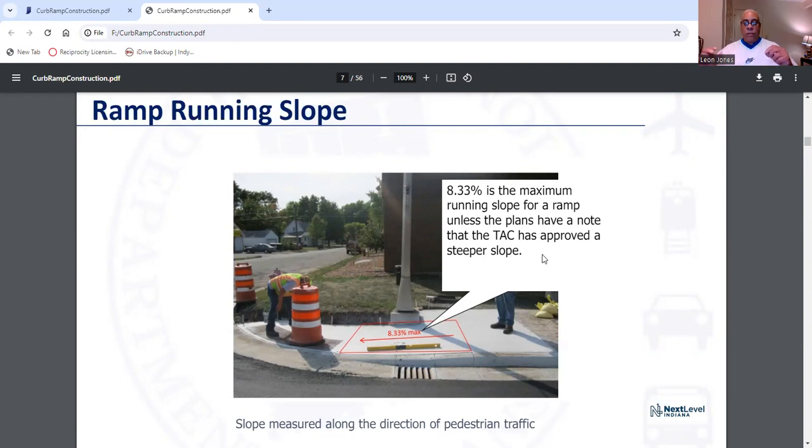Now, anything that's above that 8.33 must have a technical infeasibility form. A technical infeasibility form. That means it's going to be built out of spec. Slope must be measured along the direction of pedestrian traffic.